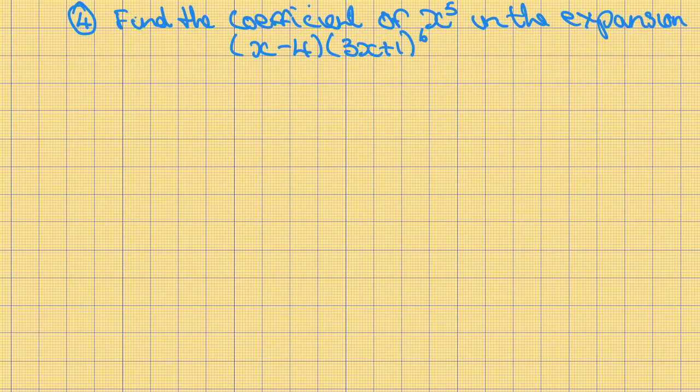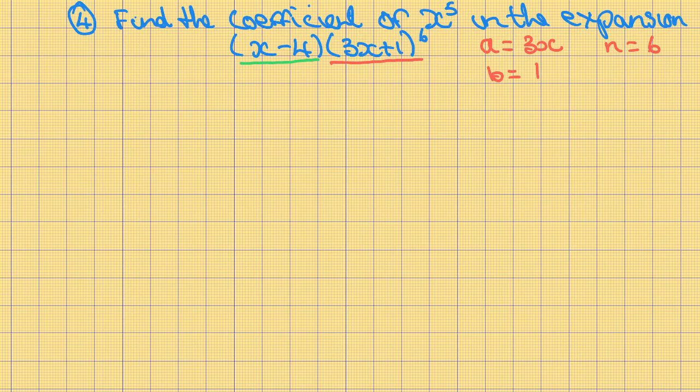In this example, I'm going to expand (3x plus 1) to the power of 6 and then multiply that expansion by x minus 4. So for the first expansion, a is equal to 3x, b is equal to 1, and n is equal to 6.